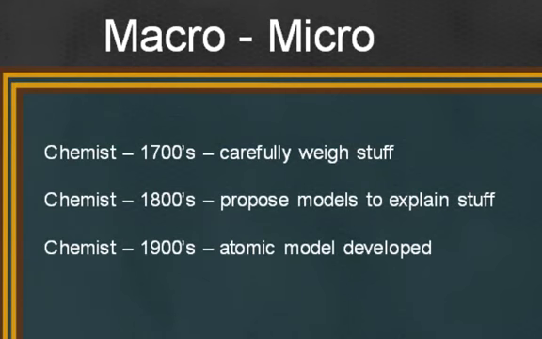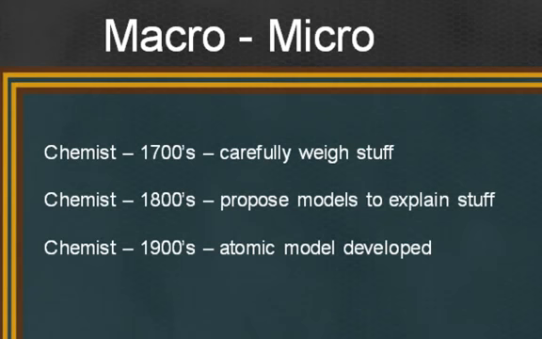As the science of chemistry evolved in the early 1700s, what chemists did to study matter was very carefully weigh stuff. Weigh stuff as it underwent a chemical change. Weigh it again after the change. Weigh stuff as it went through a physical change. Weigh it again before and after, and compare those differences in weights.